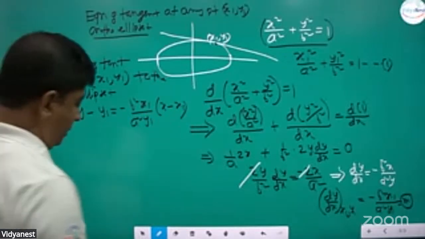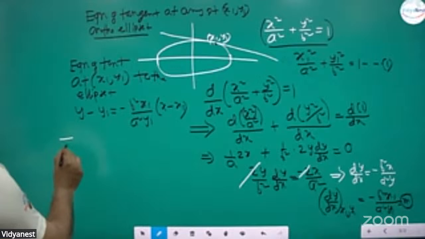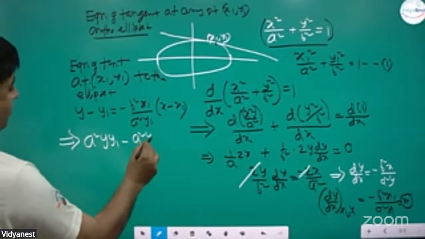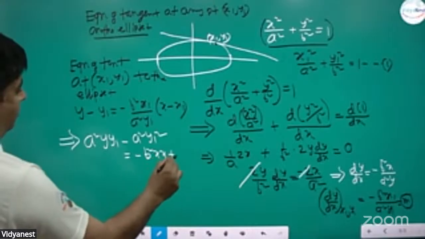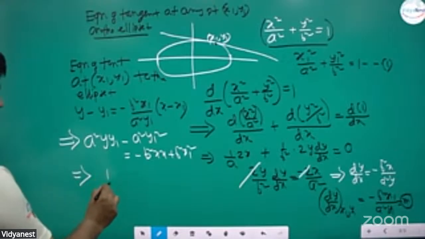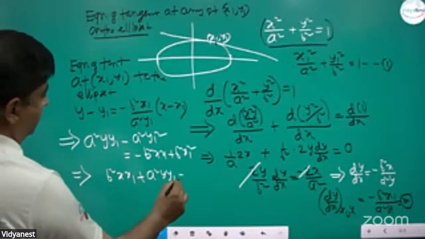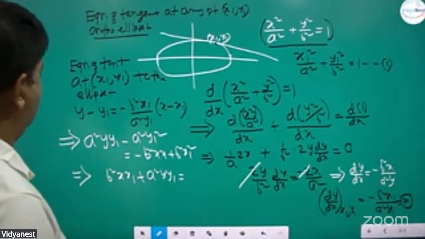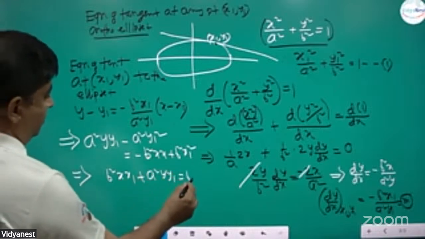Okay. So we have nothing but to cross multiply and see the outcome: a square y1 y plus b square x1 x equals a square y1 square plus b square x1 square.